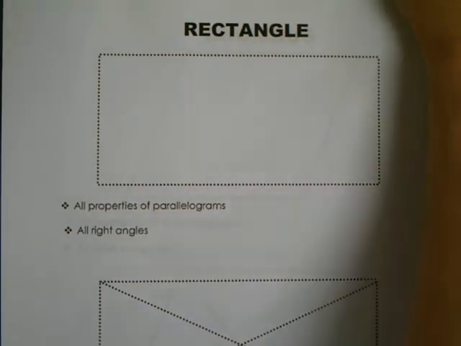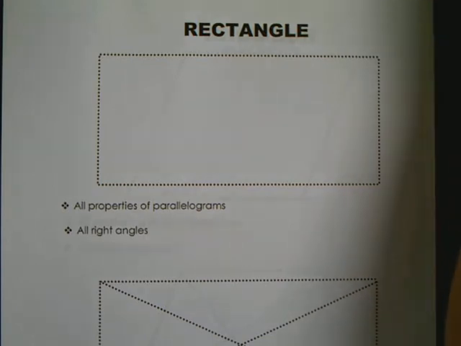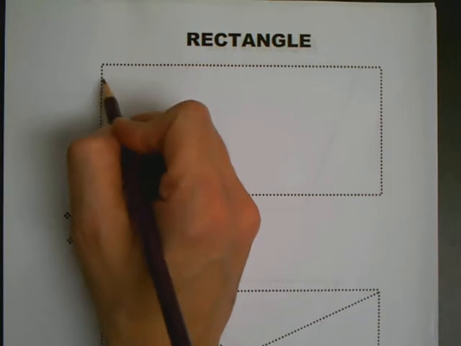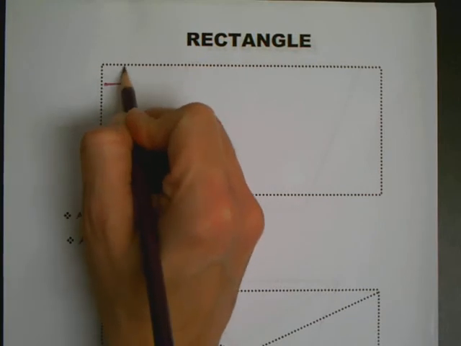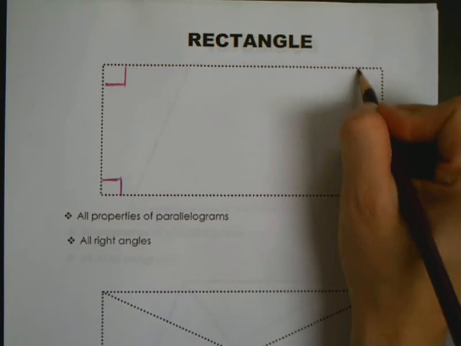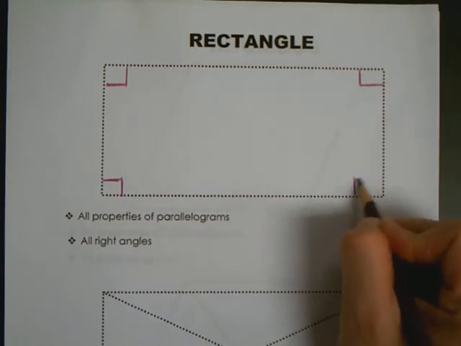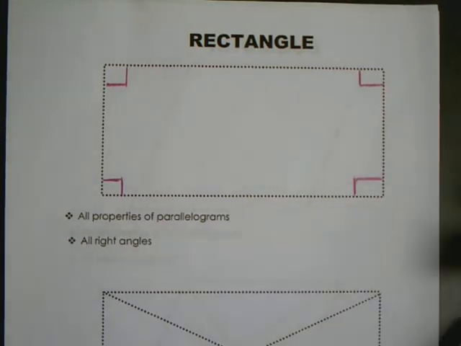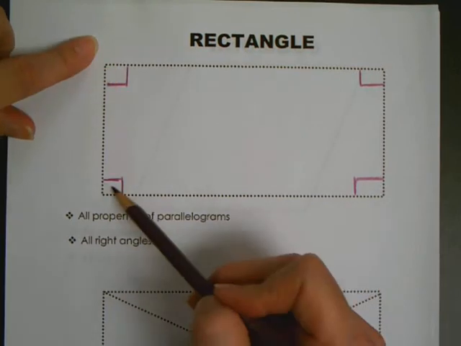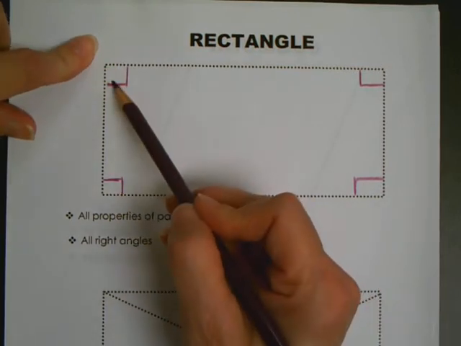Okay, because we know in a rectangle we also have right angles. So let's go ahead and mark our angles as right angles. Each corner. And that fits the characteristics of a parallelogram. Opposite angles are congruent. Consecutive angles are supplementary. So there you go.